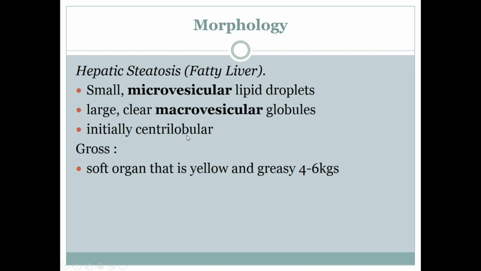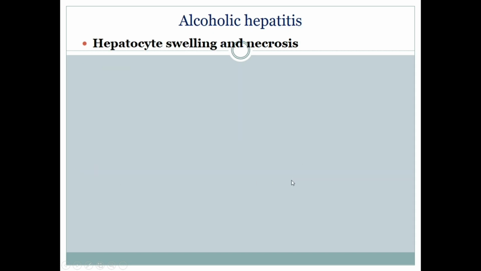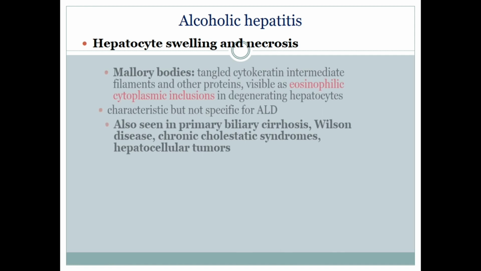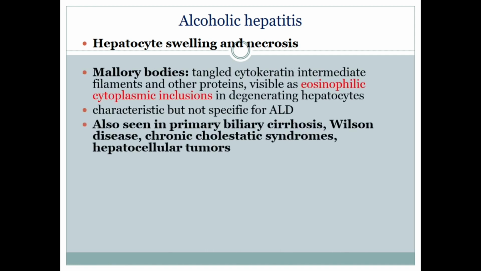Centrilobular is zone 3, which receives the least oxygen and nutrients, so they are the ones which most undergo changes due to any injury to the liver. Grossly you have a soft organ that is yellow, greasy and enlarged. In alcoholic hepatitis, you get hepatocyte swelling and necrosis, and Mallory bodies.